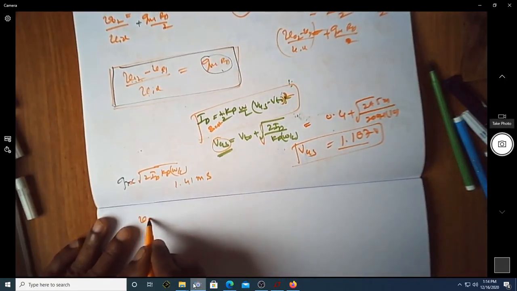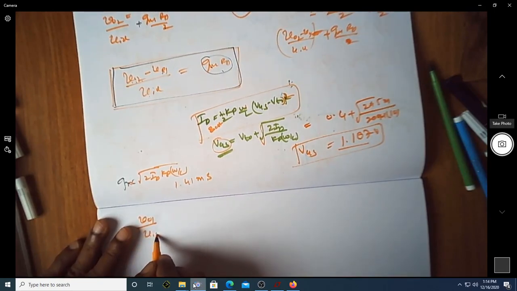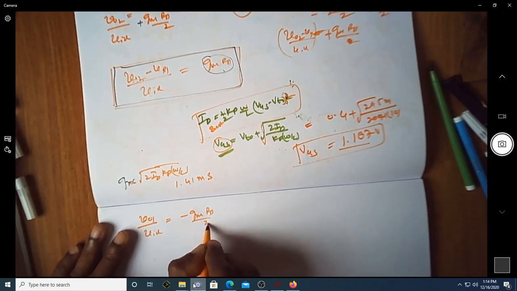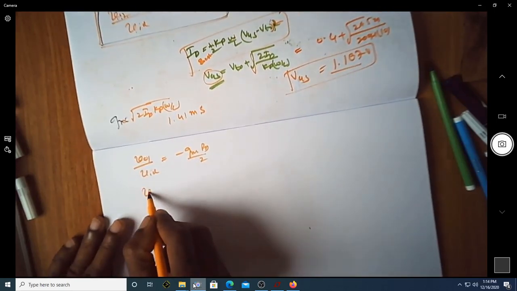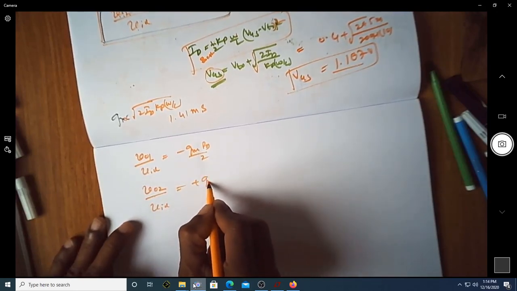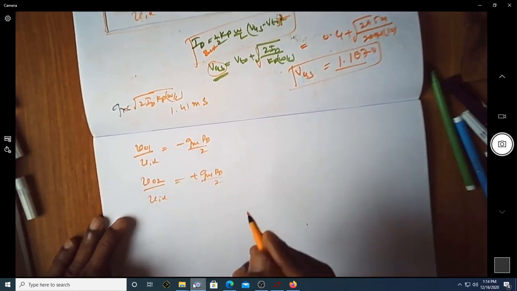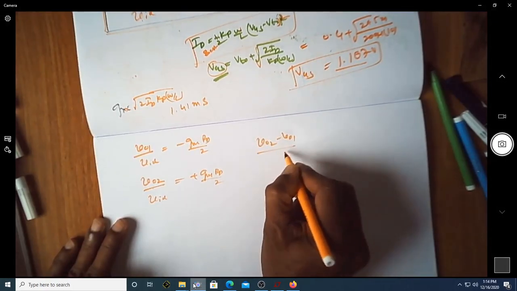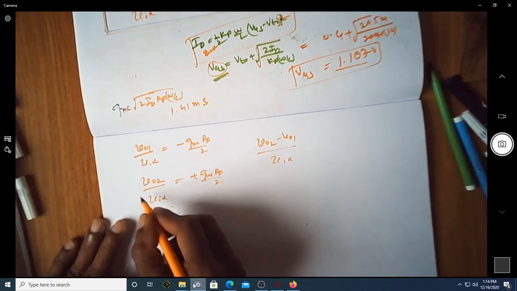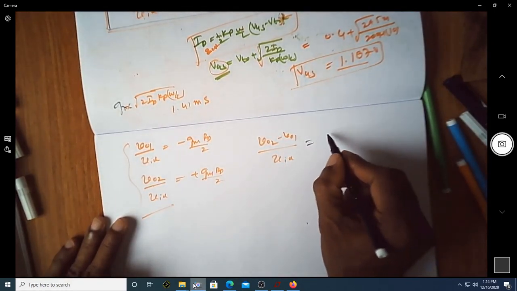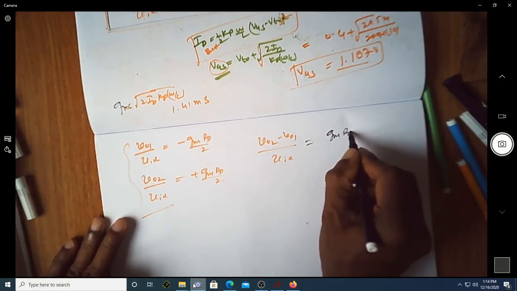We know that V01 by VID is equal to minus GM RD by 2, and V02 by VID is plus GM RD by 2, and V02 minus V01 by VID. So these two are single-ended gains, and this is a differential gain, which is GM into RD.